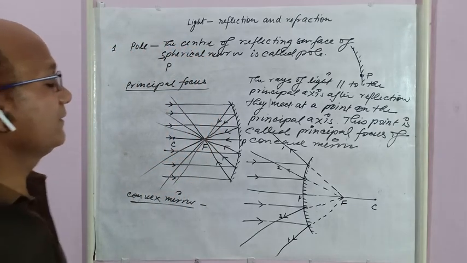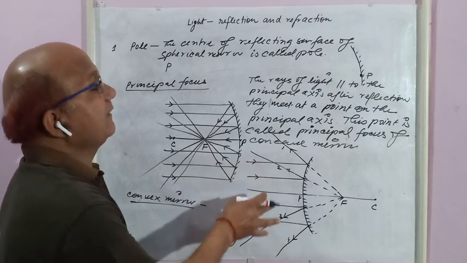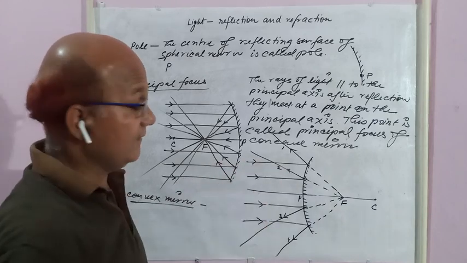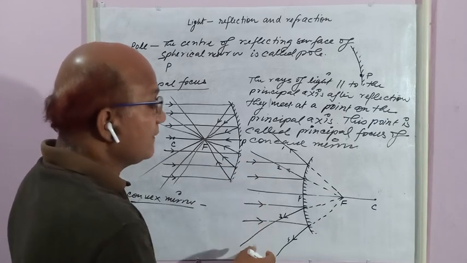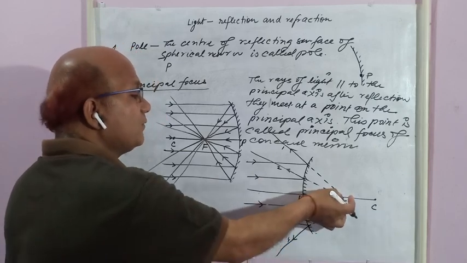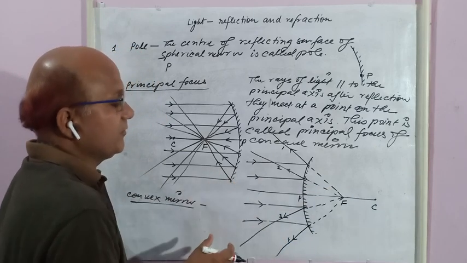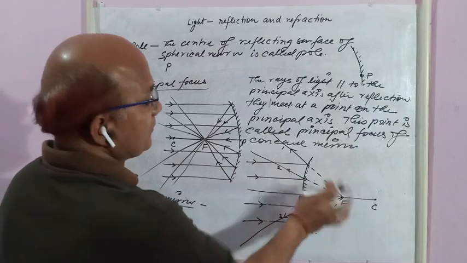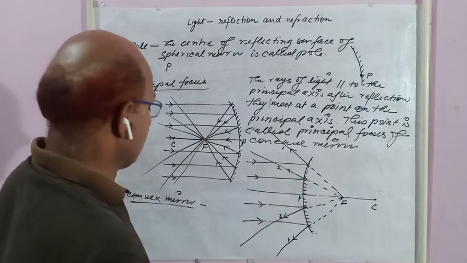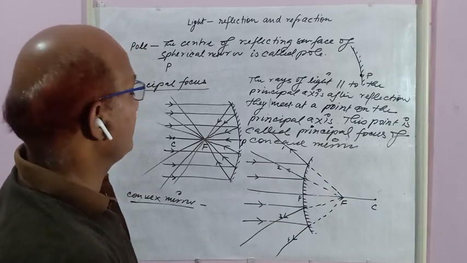So again I repeat, the rays of light parallel to the principal axis, after reflection they appear to come from a point on the principal axis. This point is called the principal focus of the convex mirror.